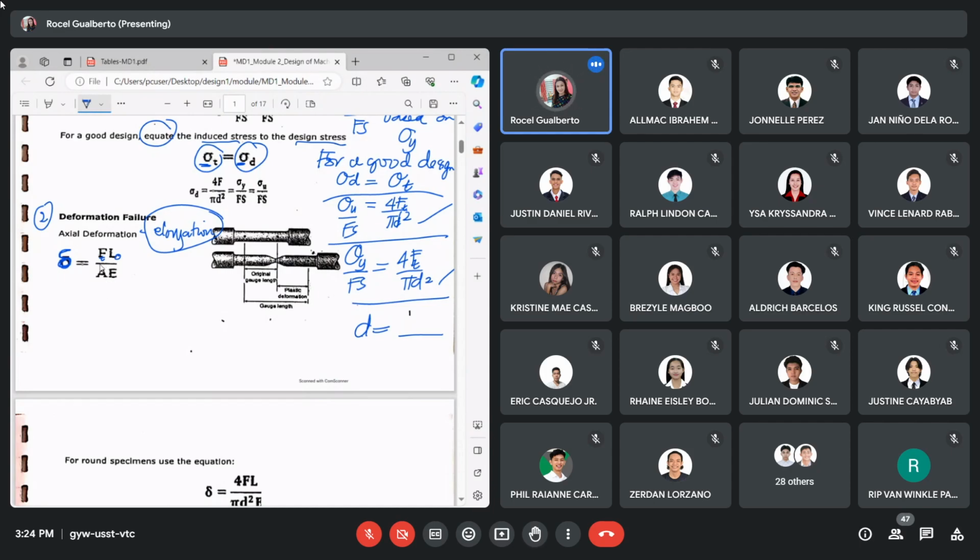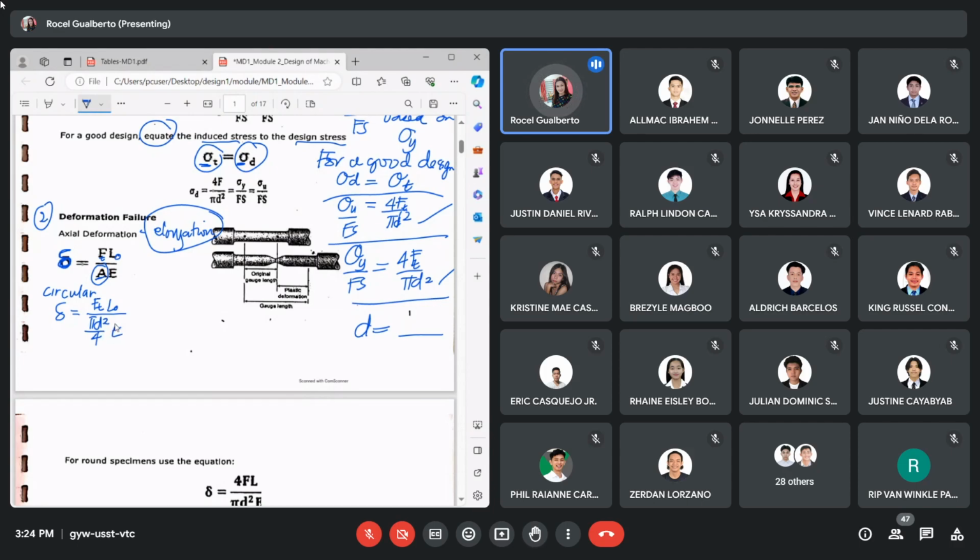Okay? Now, say for example, katulad po dun sa itaas, we make use of a circular cross-section as an example. So, therefore po, again, yung A po, yun po yung applyan natin ng equation para sa circular. So, we come up po with actual deformation equal to the tensile load, original length, ang area po magiging pi d squared over 4.